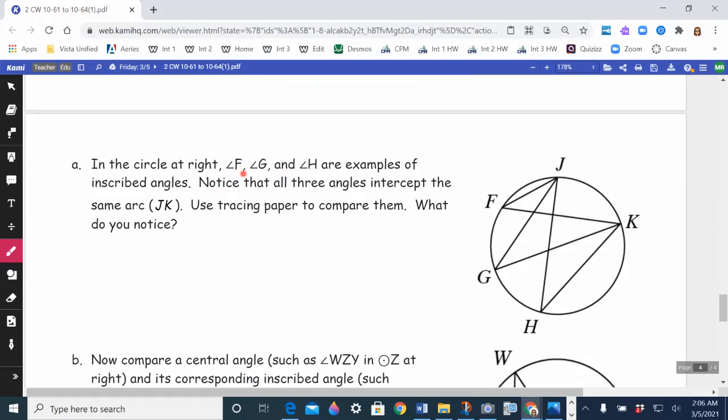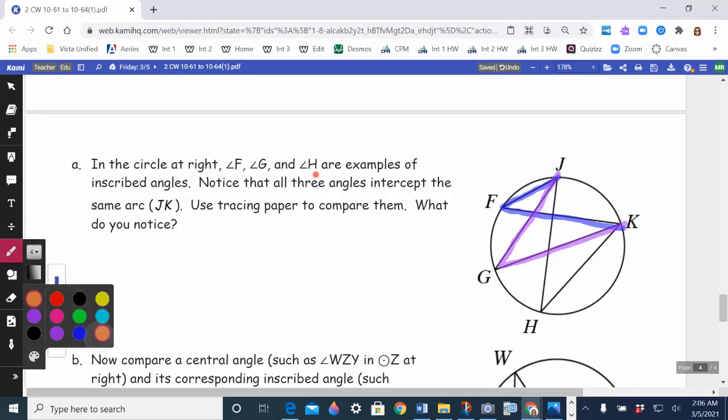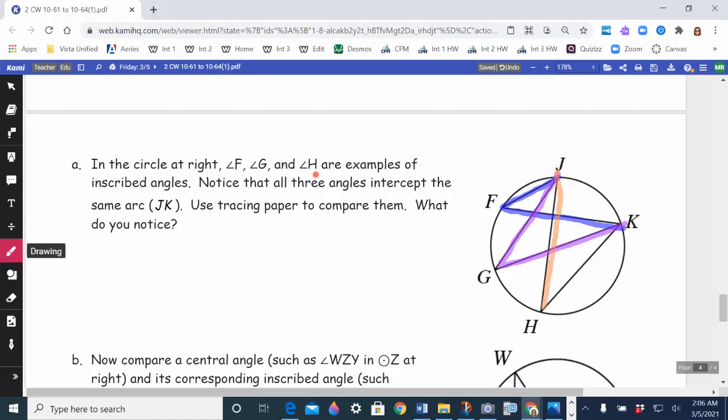We have angle F, angle G, and angle H, and all of these are inscribed. So I'm going to draw these. This is angle F. This one is angle G, and this one is angle H. Those are all inscribed angles because they all have a vertex touching the circle. You can use tracing paper, or even a Ziploc bag if you don't have any page protector, and use a marker.